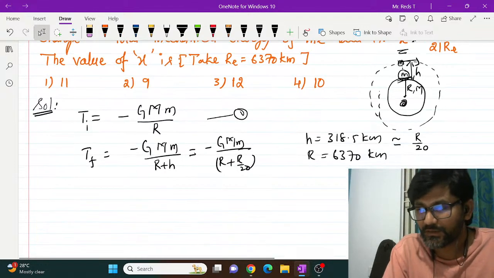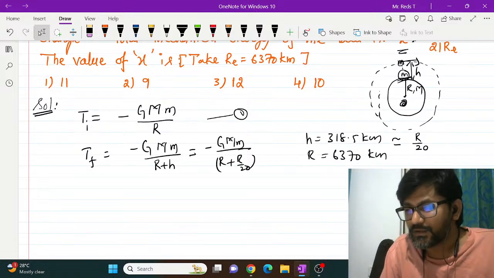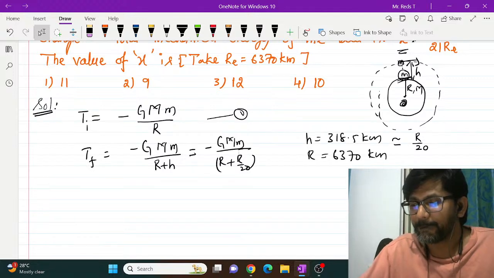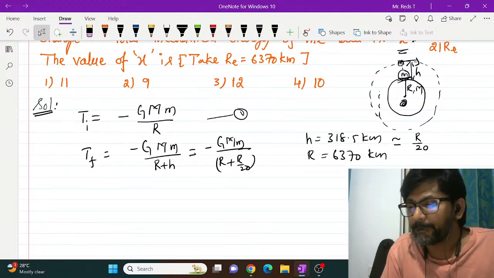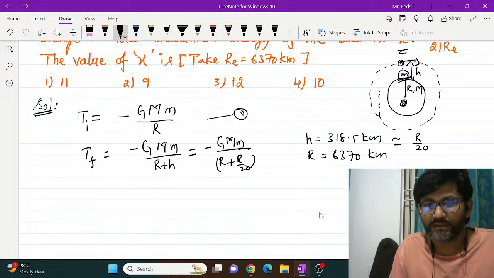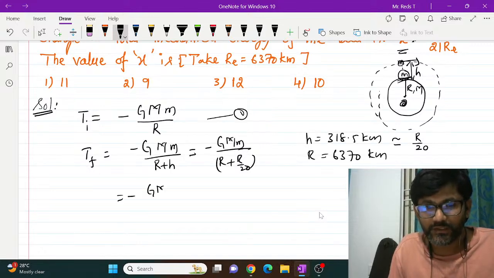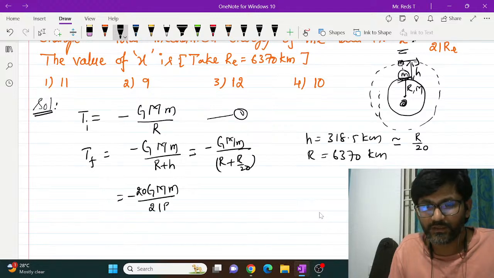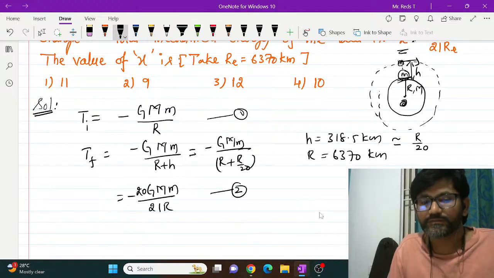So this is equal to minus 20 G M m by 21 R, equation 2.